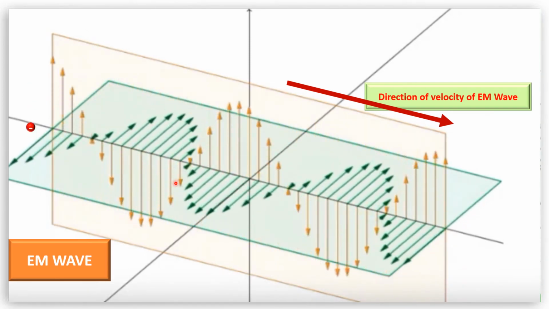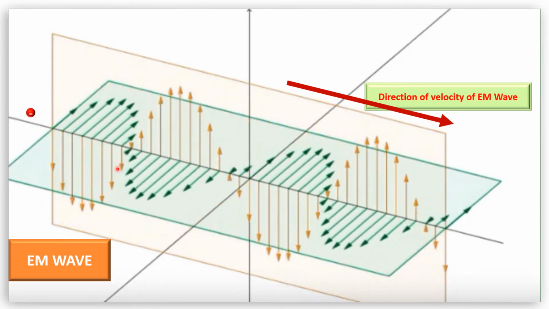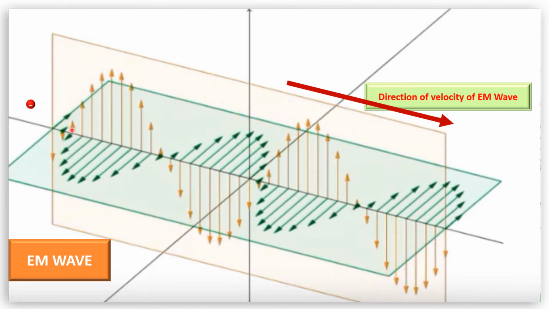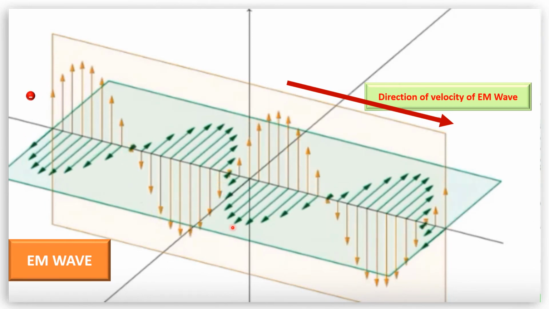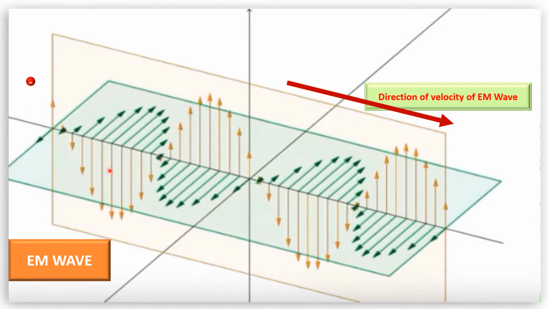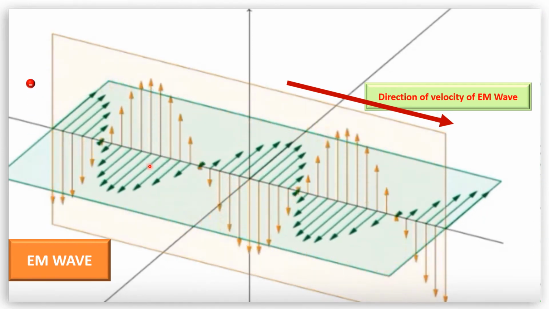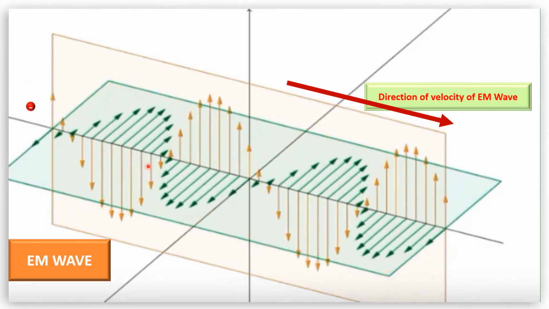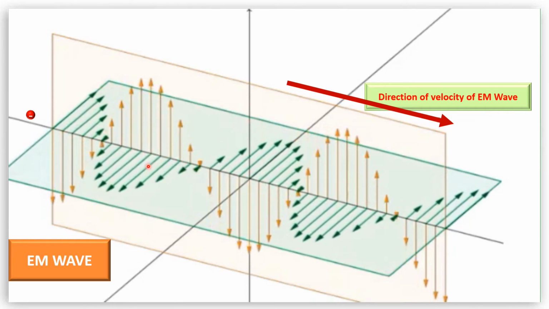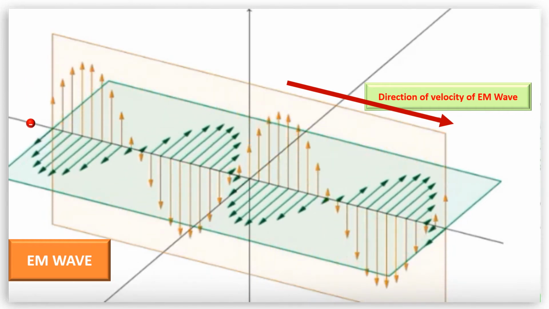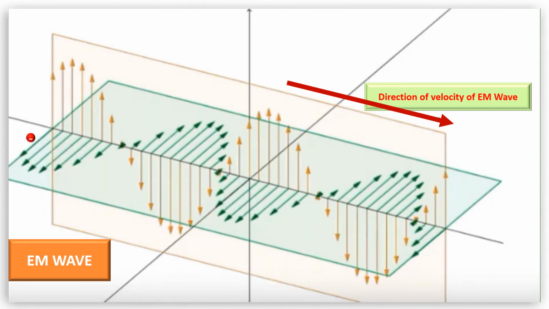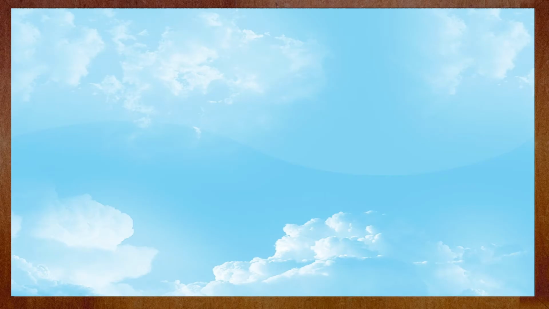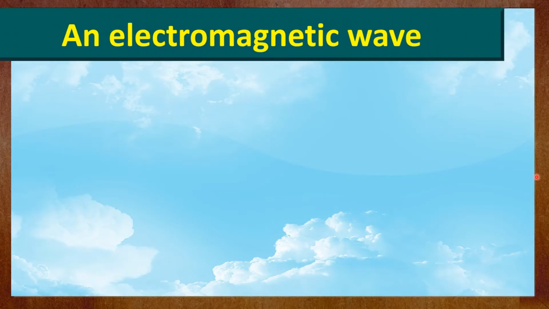Perpendicular to one another. Okay, so light travels in the form of electromagnetic waves, and I must tell you one thing, electromagnetic waves do not require any medium to travel from one place to another place. Okay, so here I am showing the components of electromagnetic wave.